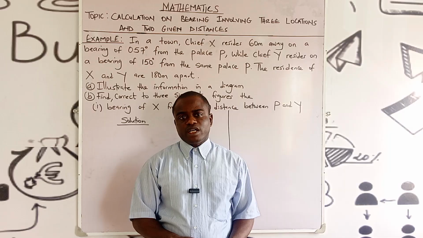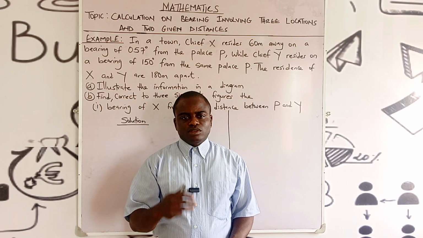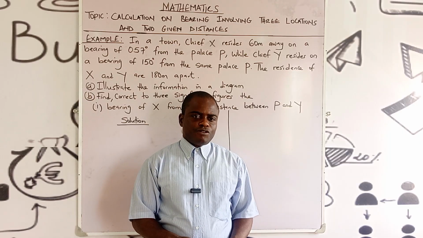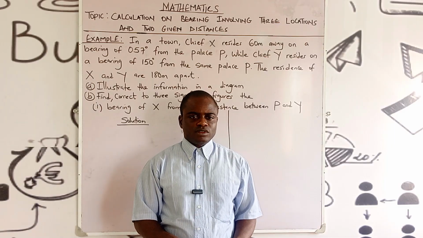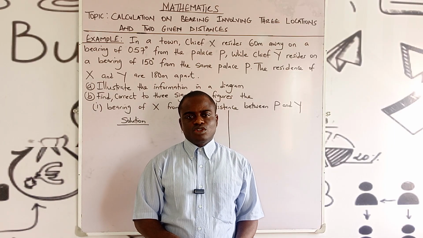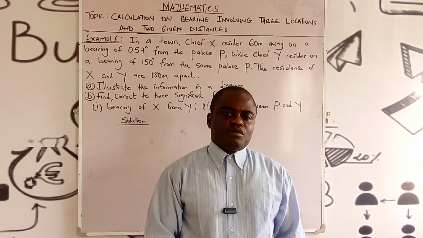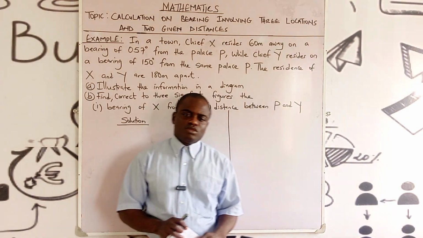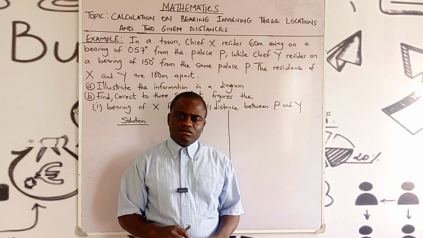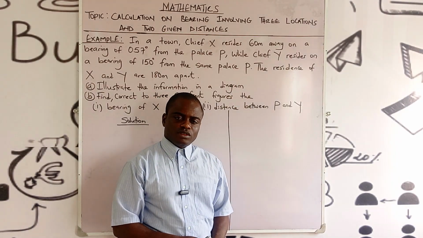Today, we want to carry out calculation on three different locations with two given distances. When you are solving problems under bearing, you must be able to draw the diagram, sketching the interpretation of the question given.